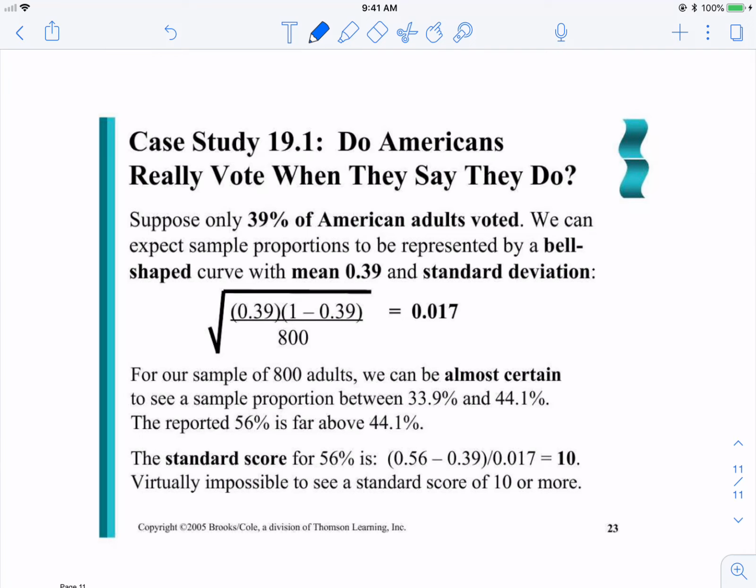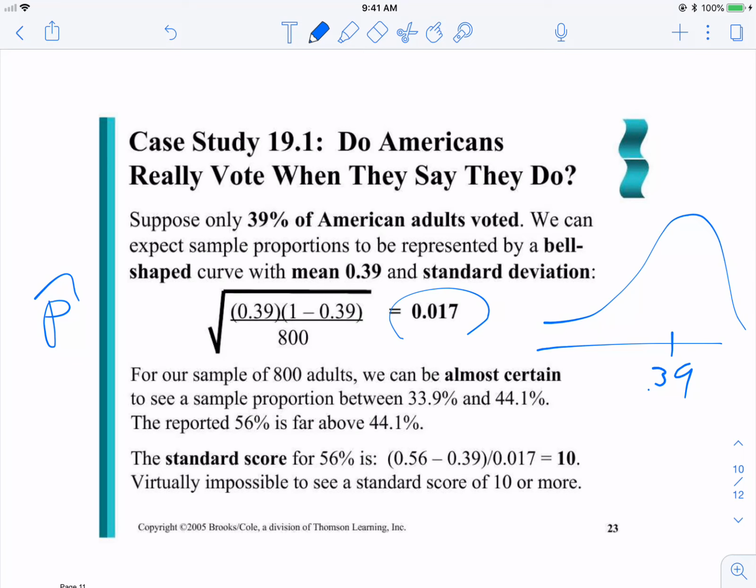We can do a standard deviation calculation here, where that 39%, the sample proportion p hat, will go at the center of the curve, 0.39, and the standard deviation is calculated by multiplying by the complement, 1 minus 0.39, divided by the sample size, 800, and taking the square root. We get 0.017 as our standard deviation.